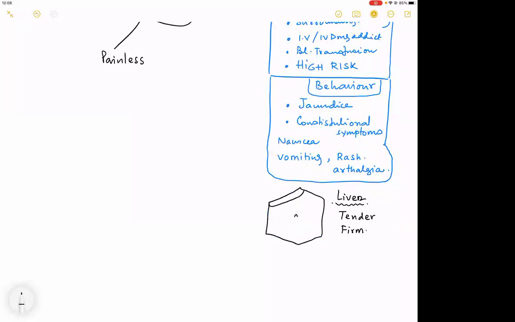If the liver is firm, then the borders are sharp. If the liver is soft, then the borders are round.